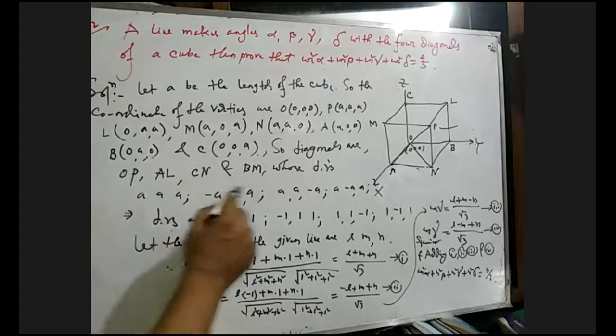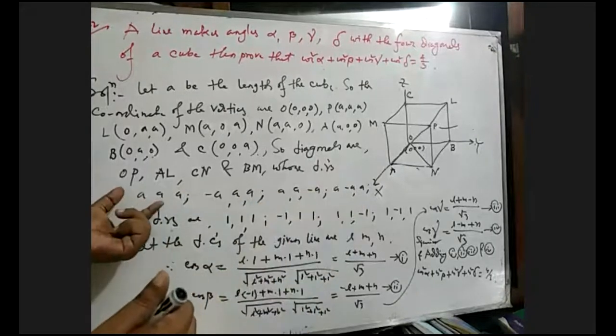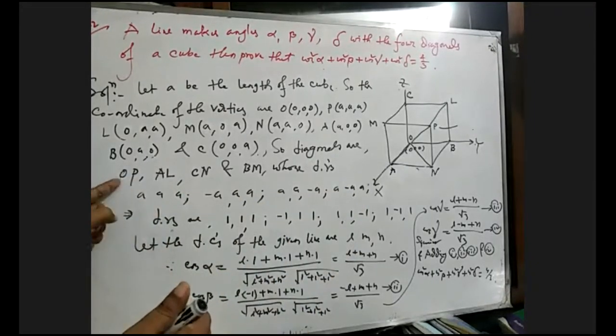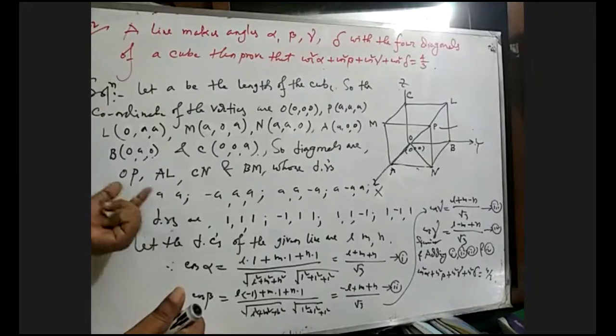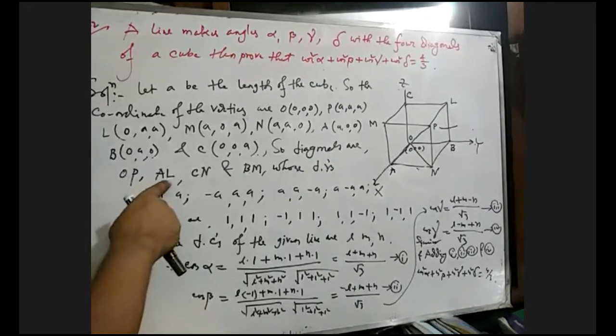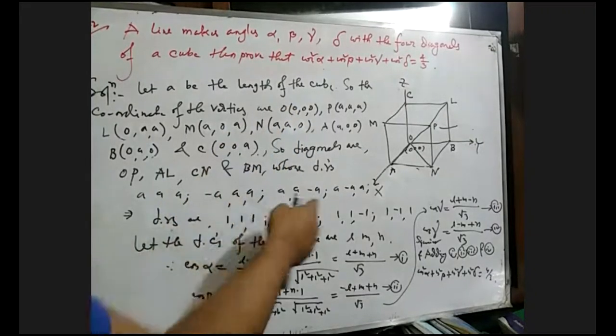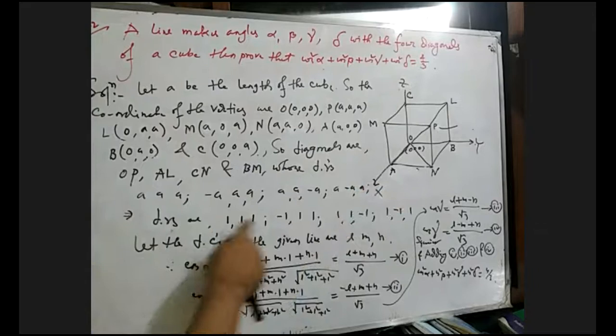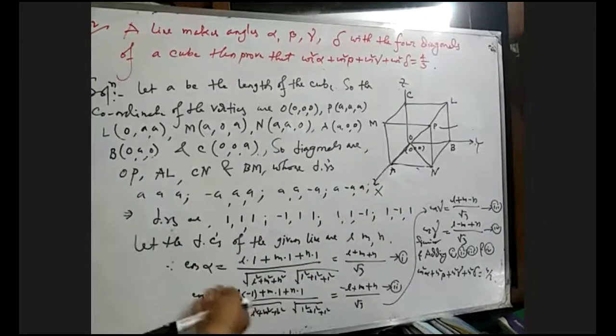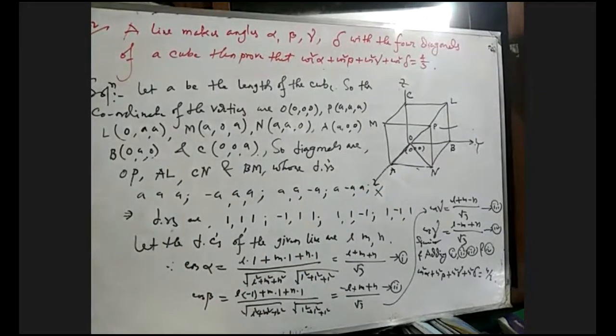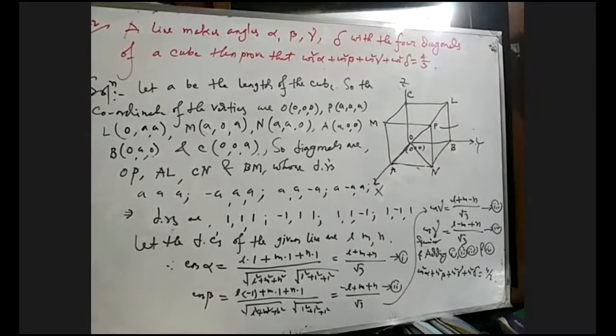We find the direction ratios by subtracting the coordinates for OP and AL. Then dividing by a, we get the direction cosines. Using the formula for the angle between two lines, we get this.